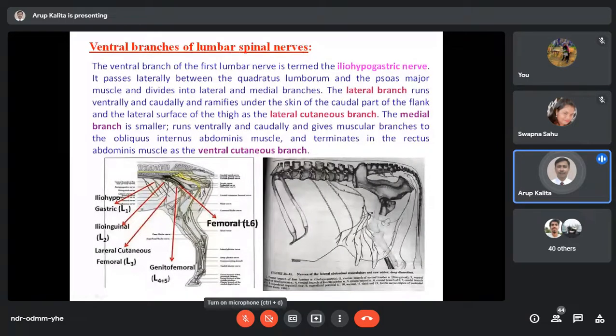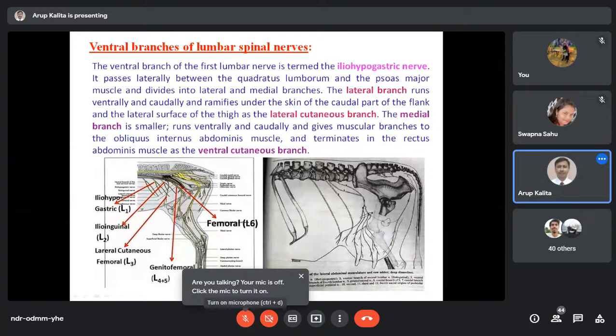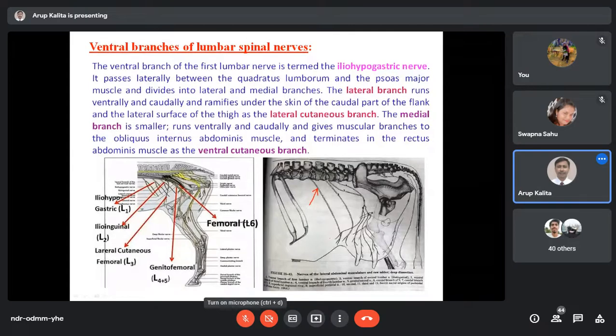Now, the ventral branch is very important. So first one, you see, this is the first ventral spinal nerve. The ventral branch of the first lumbar nerve is known as iliohypogastric. Remember, iliohypogastric means the first ventral lumbar spinal nerve.